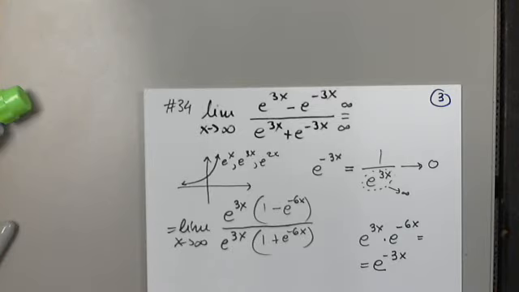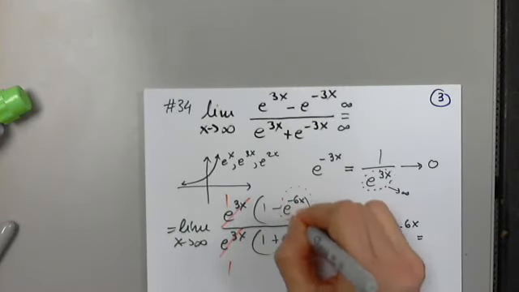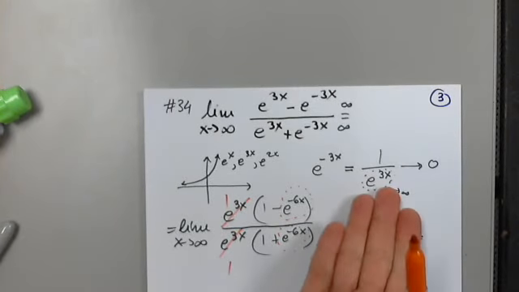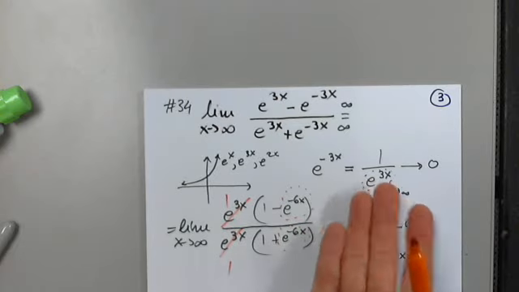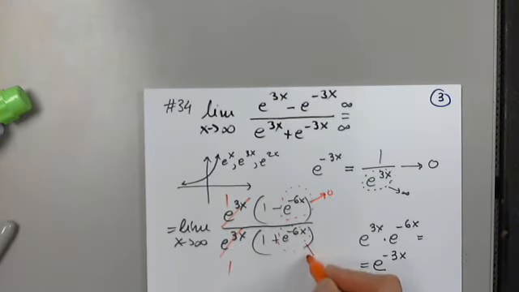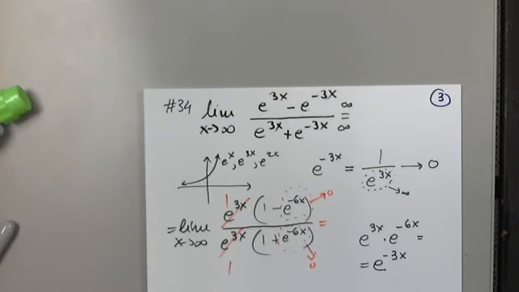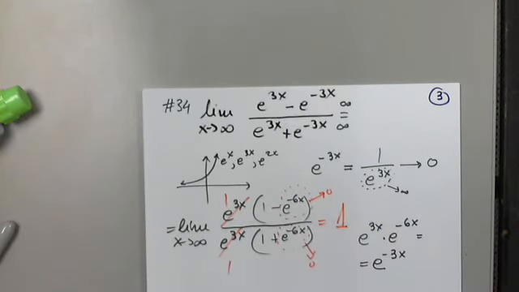Yes? Good. What do you think I'm going to do next? Get rid of e to the 3x, done. Now I know where this is going, and I know where this is going. Where are they going? 0. Yes, because it's e to 1 over e to 6x. So if this goes to 0 and this goes to 0, where does the whole thing go to? 1. Exactly. Thank you very much.